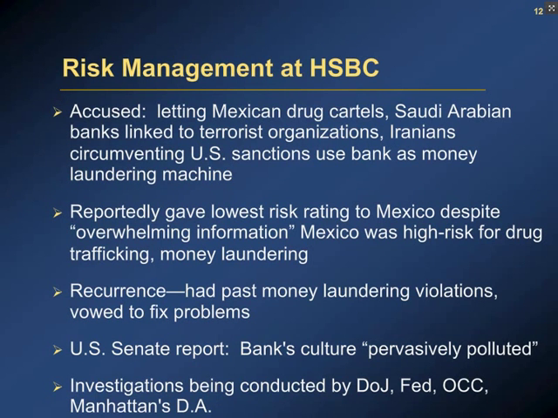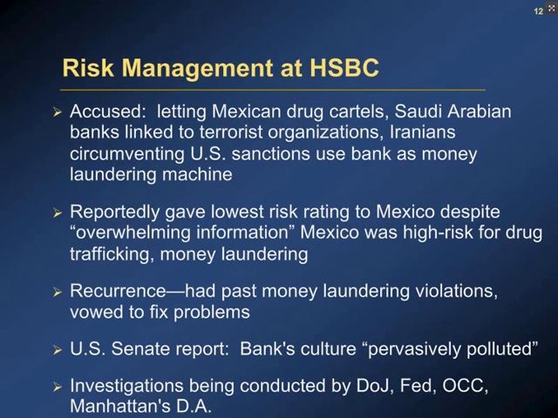They reportedly gave their lowest risk rating to Mexico in spite of what we all know, that Mexico is extraordinarily high risk for drug trafficking and money laundering. This was a recurrence of other past events. And here a U.S. Senate report, again, and we're focusing on culture at this point, said the bank's culture was pervasively polluted. And there are many investigations going on at this point.